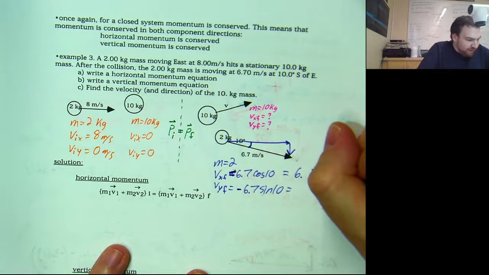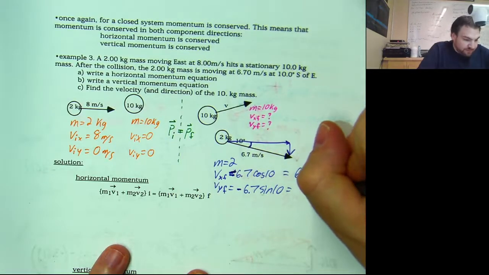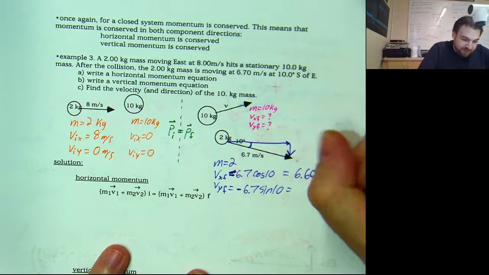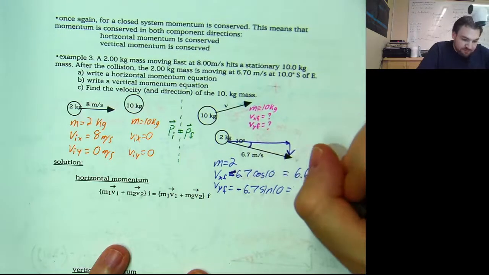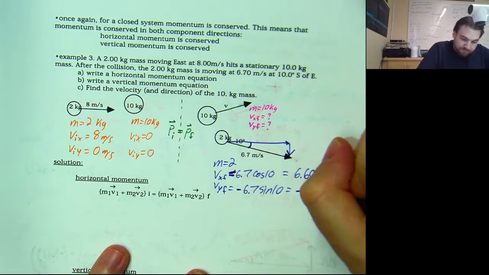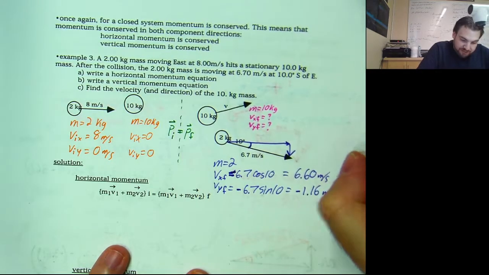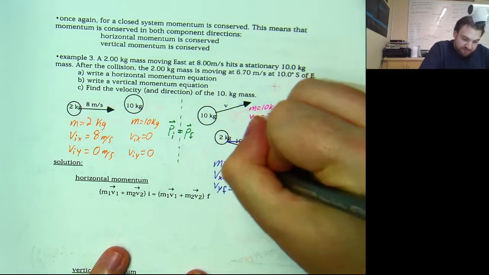It rounded at 6.59? 6.60, okay. And the other one is? Negative 1. Okay. Meters per second, and this is kilograms.